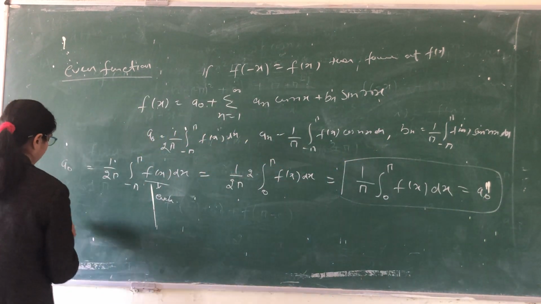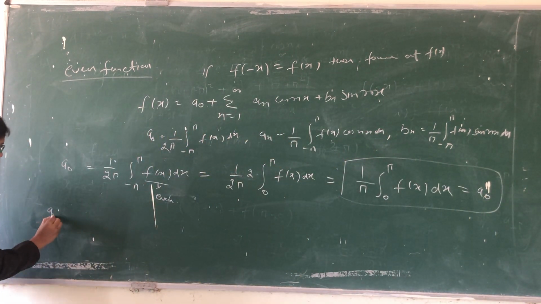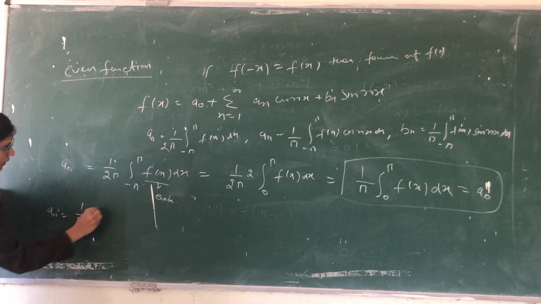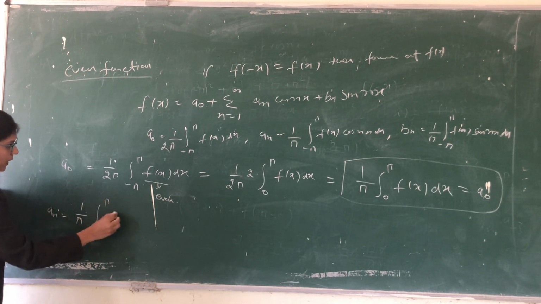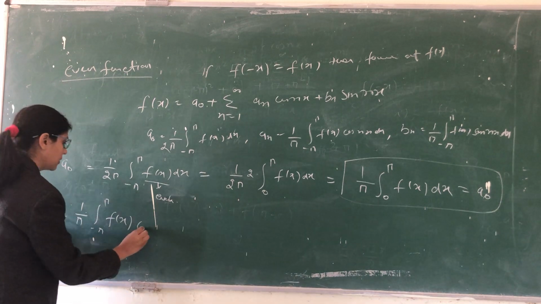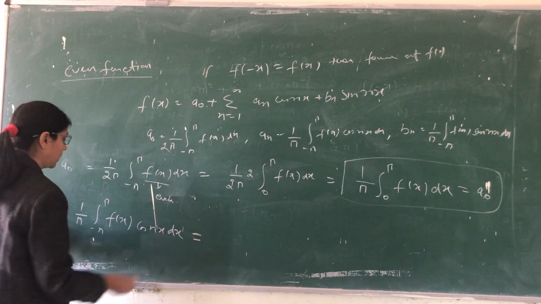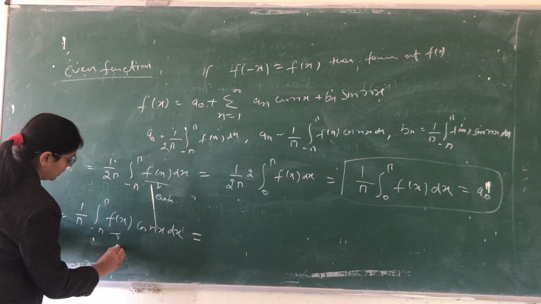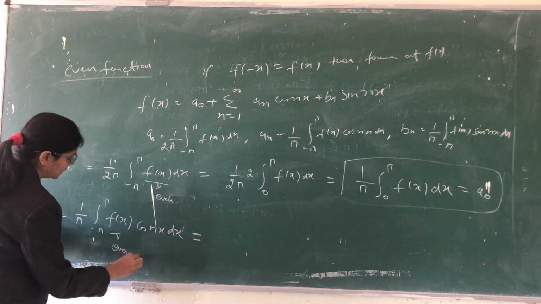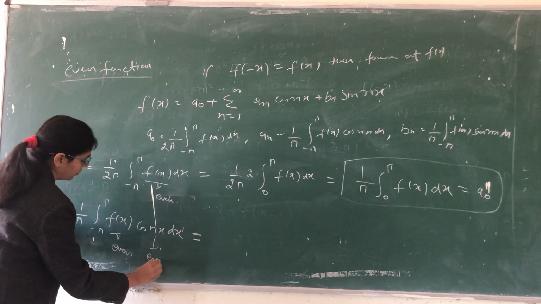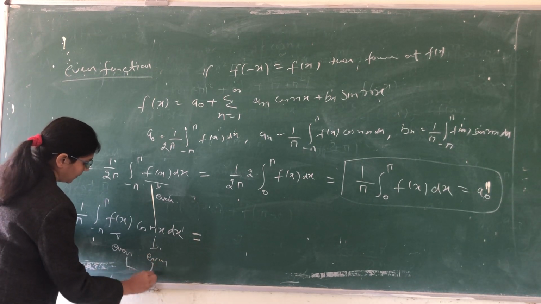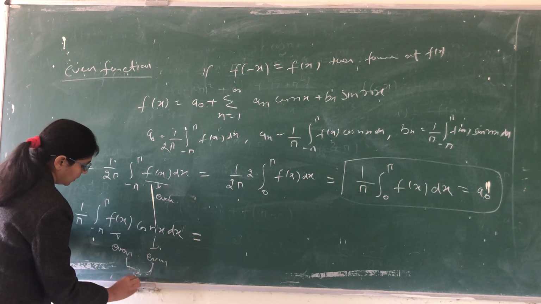Similarly, an can be written as an equals to 1 upon pi minus pi to pi f of x cos of nx dx. Now this fx is even function, and cos is even function. So multiplication of two even functions is even.